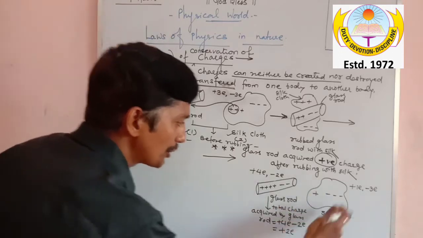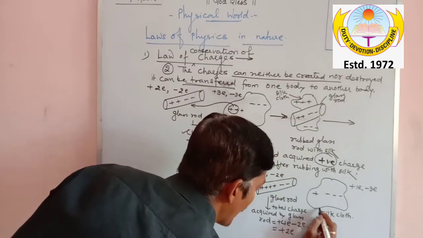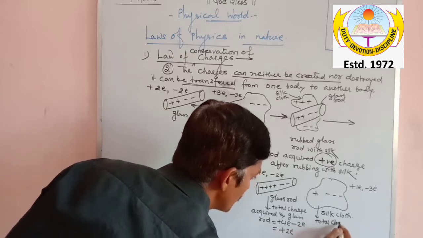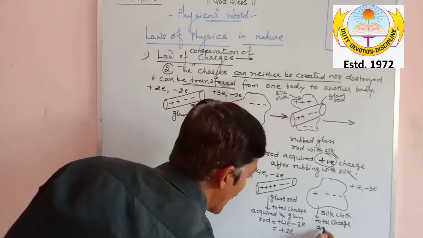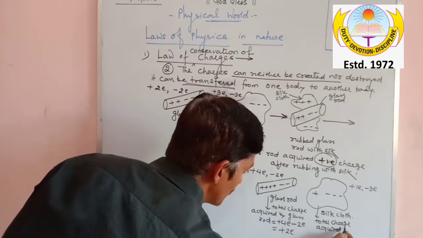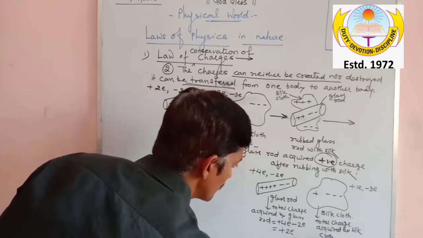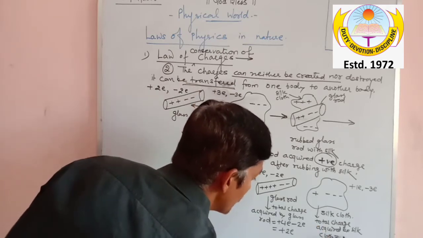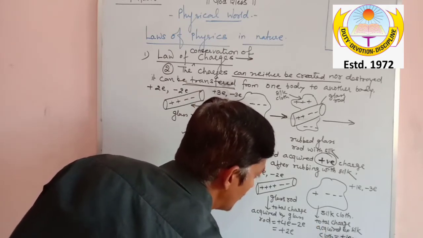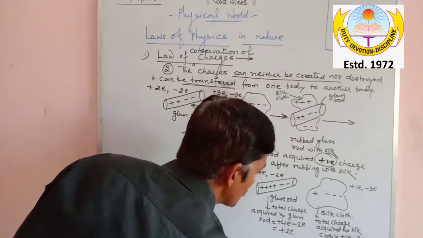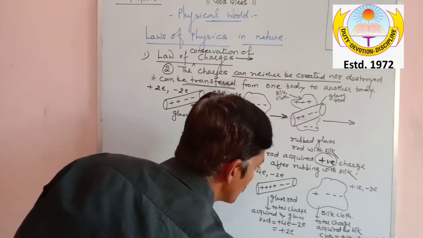And how much is the total charge acquired by the silk cloth? It is plus 1E minus 3E. The answer is minus 2E.